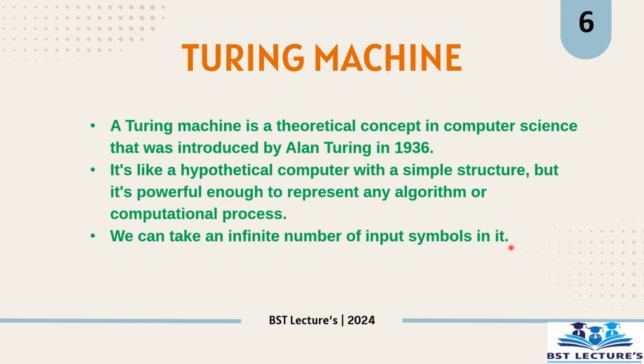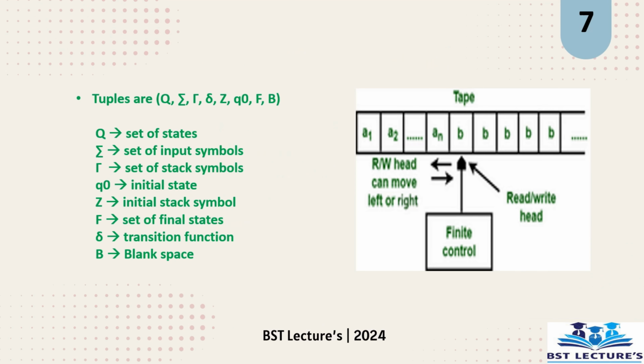What is a Turing machine? It's like a hypothetical computer with a simple structure, but it's powerful enough to represent any algorithm or computational process. Here is the 7-tuple notation of the Turing machine. If we observe, this is the input tape which contains n number of input symbols, but we can have blank spaces in between.